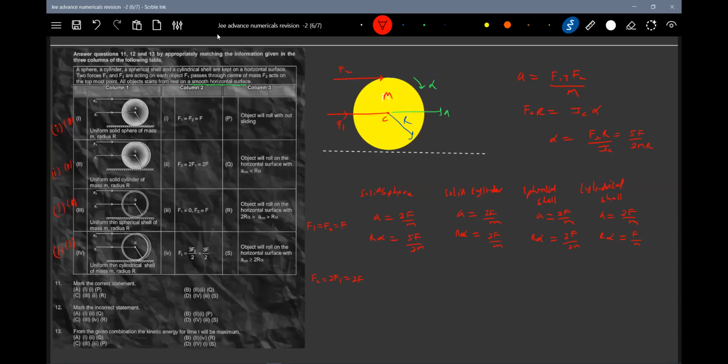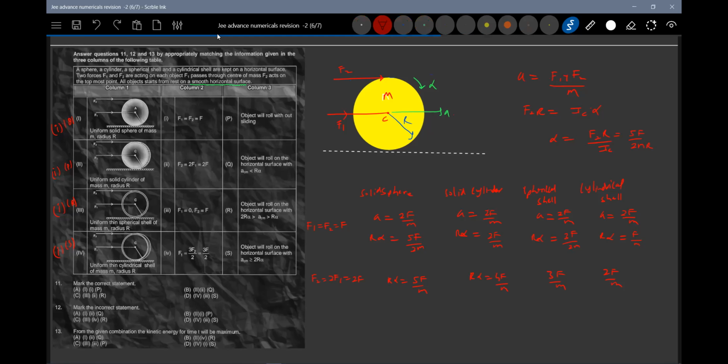The value of R alpha is 5F by M, 4F by M, 3F by M, 2F by M. Now, what about acceleration for all? 3F by M, acceleration should be 3F by M. So you will write acceleration here so that we can save time, instead of writing many times.